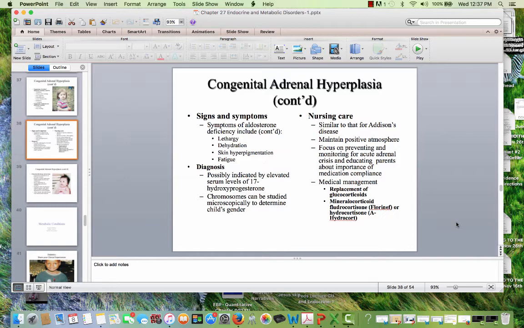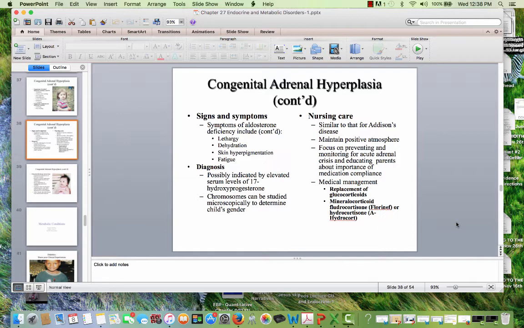And also, this is very important as well. If the infant's gender is questionable at birth, refer to the infant as your baby and not your son or your daughter. So don't put a gender particular assignment on the child, but refer as your baby. And if the parents have even named their baby, their child, use the name as well.